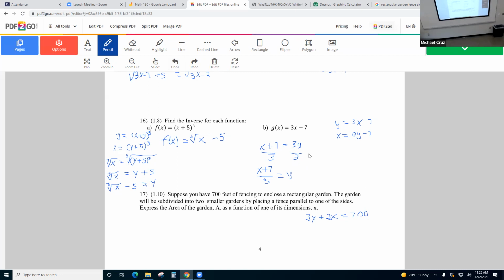Now, we need to have one of them expressed as the other. In other words, let's solve this for x. Divide by 2. Well, that is it right there, 700. So that's the width.